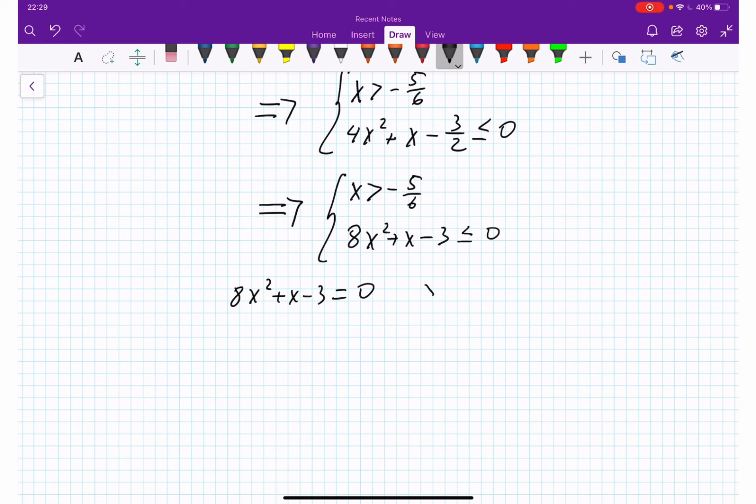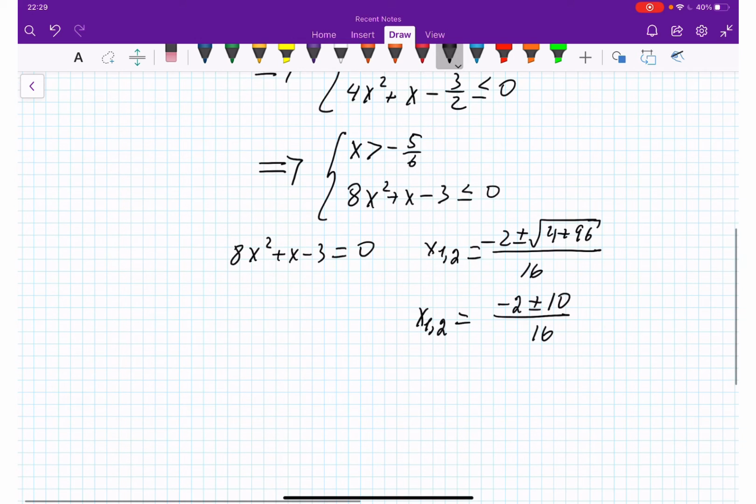From here, x1,2 is equal to negative 2 plus minus the square root of 4 plus 96 over 16, which is equal to negative 2 plus minus 10 over 16, and we get x1 equal negative 3 over 4, and x2 equal 1/2.